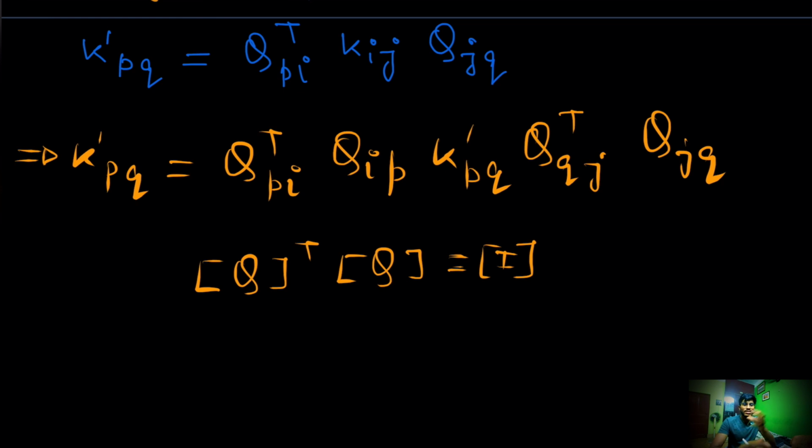That is, the indices of the elements are being interchanged. That is why here also, if Q transpose has the indices as QPI, then the original matrix has to have the indices QIP. That is, the indices have been interchanged. I think this is pretty intuitive, right?